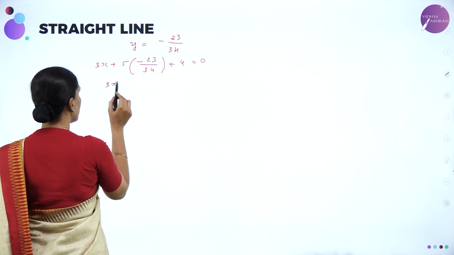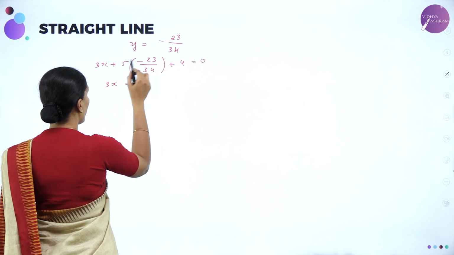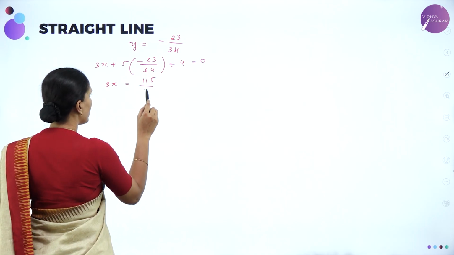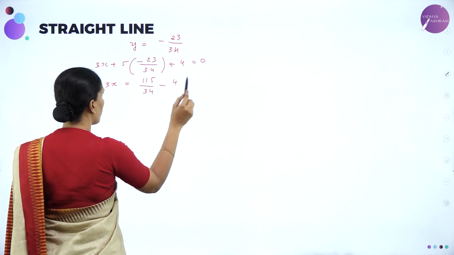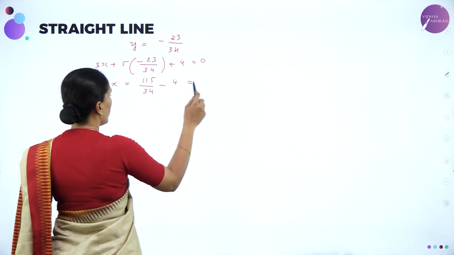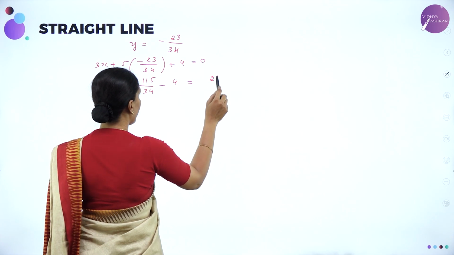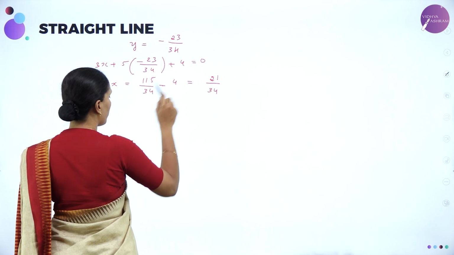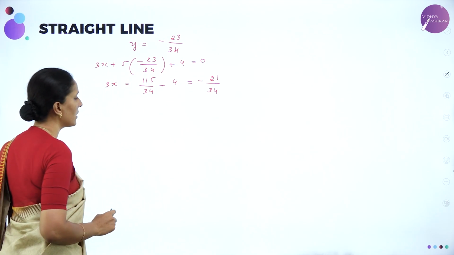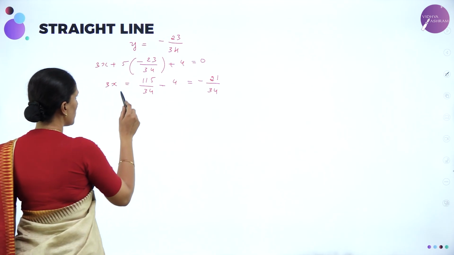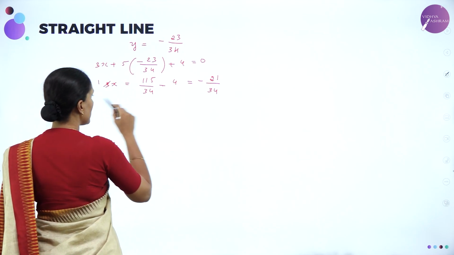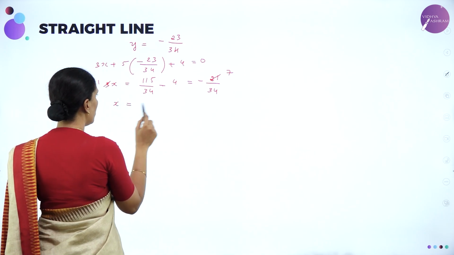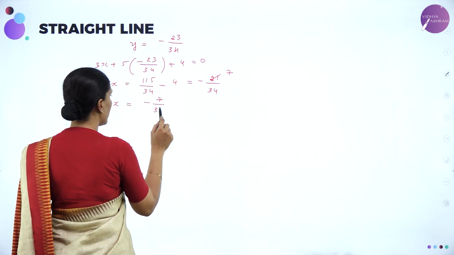So 3x is equal to 23 into 5 divided by 34, 115 by 34, minus 4, which will be equal to 115 minus 34 into 4, so we will get minus 21 by 34. Now we can also cancel: 3 1s are 3, 3 7s are 21. So x is equal to minus 7 by 34.